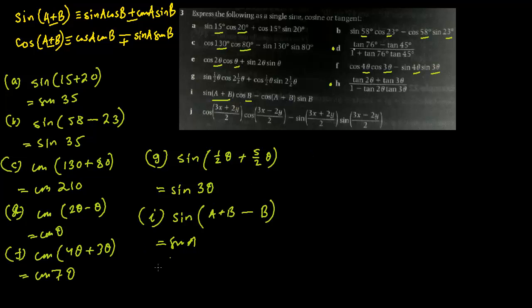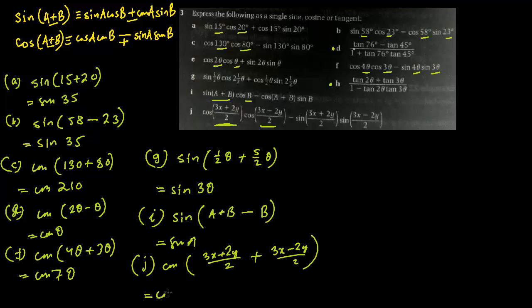The next one is J. So we have cos cos minus sine sine. So that is going to be cos A plus B. Now the first angle A is this one, (3x plus 2y) by 2, and B is this angle, (3x minus 2y) by 2.